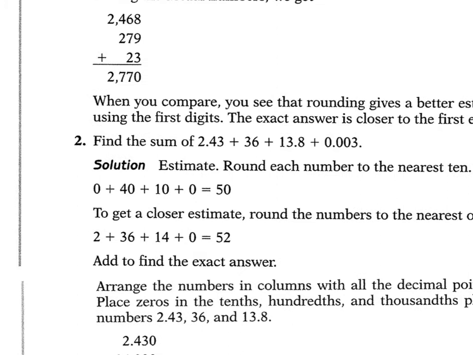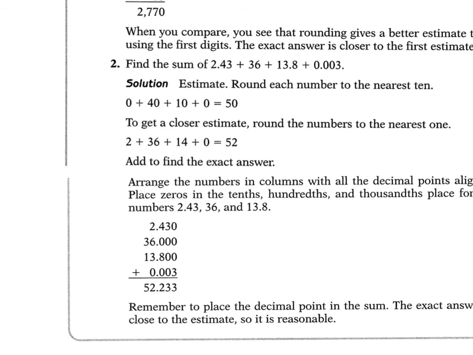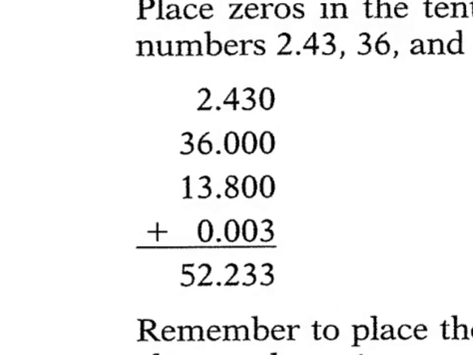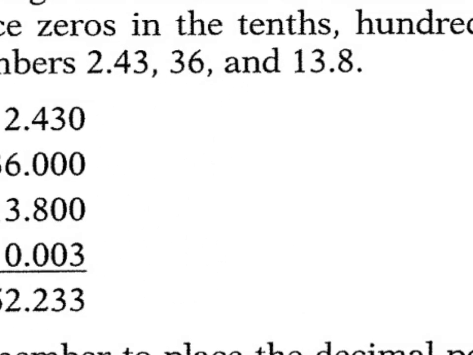So now looking at number 2, we need to find the sum of 2.43 plus 36 plus 13.8 plus 0.003. So what we need to do first is line them all up. So we're going to write our numbers in a column.